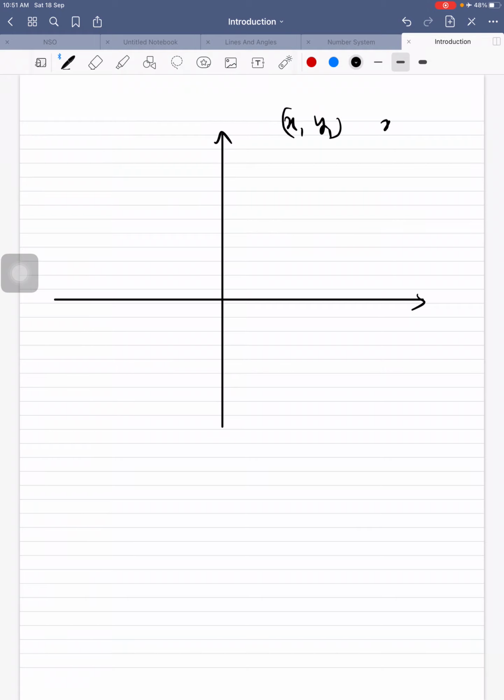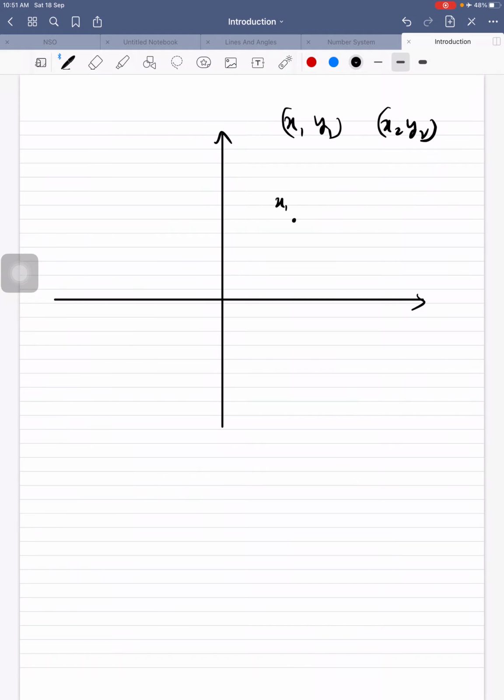Okay, in the last class you learned how to mark a point on a paper with the coordinates. Now, suppose I had given 2 points x1, y1 and x2, y2. Let me mark them on the paper.